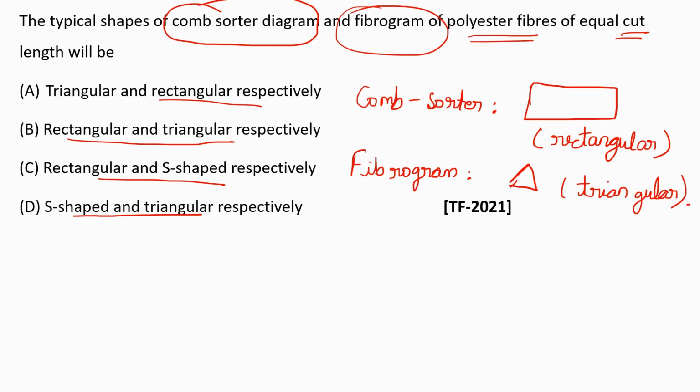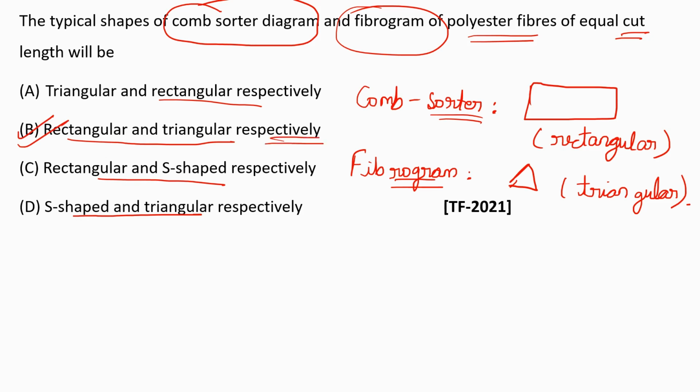So this is the correct option for comb sorter and fibrogram respectively. So match this: for comb sorter it is rectangular, and for fibrogram it is triangular. So this is given in option B. So option B is the correct option.